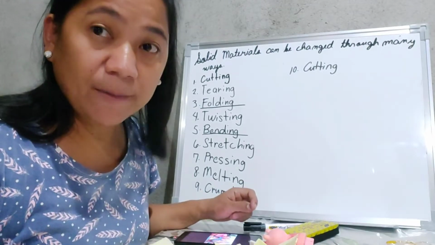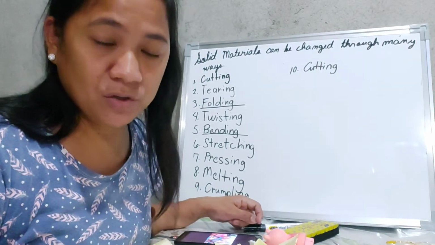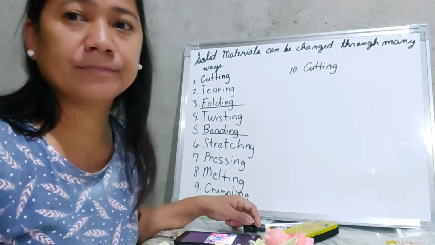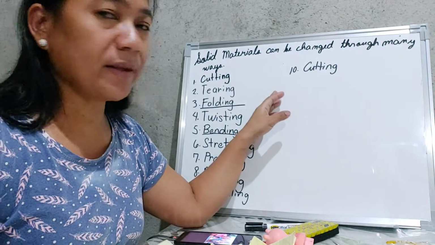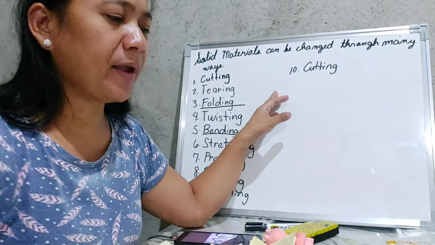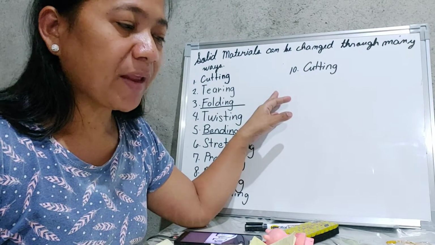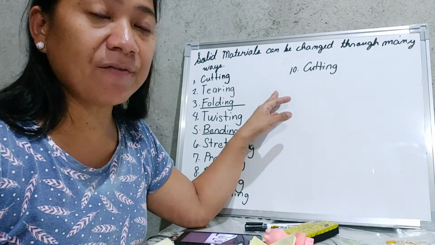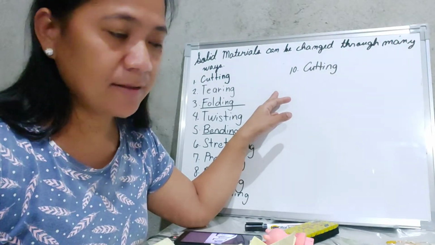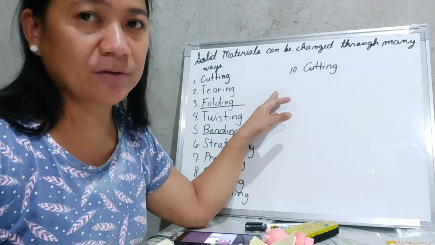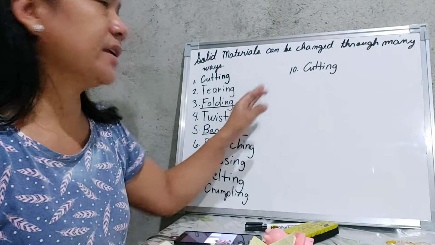We are now on page 14 of our module. Cutting is also included in this topic. So what is cutting now? Cutting means dividing a material into several pieces using a sharp object like a blade, knife, or scissors. What are the solid materials that can be cut?